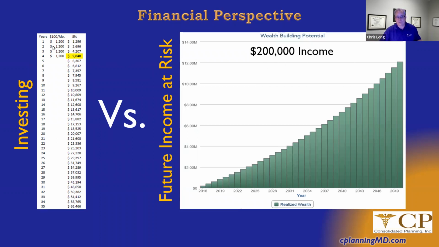Now, on the left side, I've got somebody that feels like, well, I don't think the risk is high, so I'm going to invest this $1,200. If I'm going to otherwise be spending $100 a month on disability insurance, I'm going to invest it. Well, if I invested that for 4 years and got an 8% return, it would grow during residency to $5,840. If I let that continue to hypothetically grow at 8%, 35 years later, I've got a whopping $63,000.